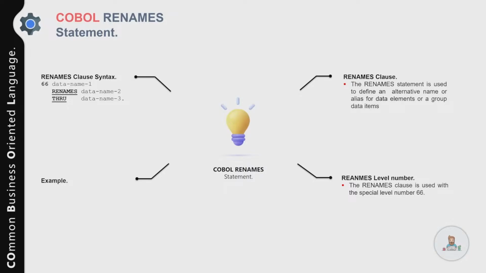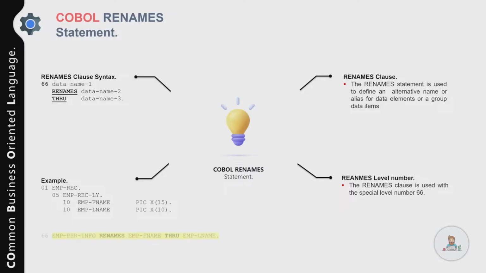Now let's talk about an example and understand how you can use the rename clause in your COBOL program. In the following example, you have employee record, which is defined at level 1. Thereafter, you have employee record layout, which is a group variable defined at level 5, and it includes two variables. First one is employee first name, that is X of 15, and second one is employee last name, that is X of 10.